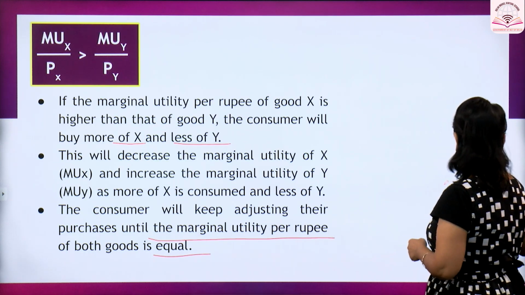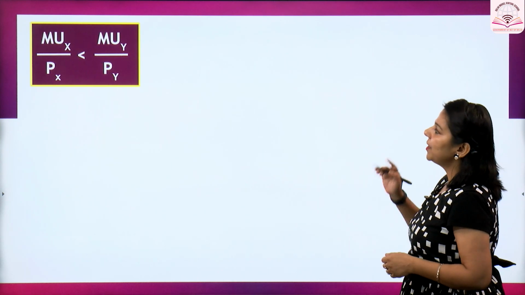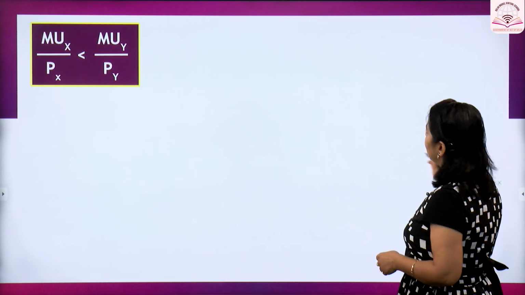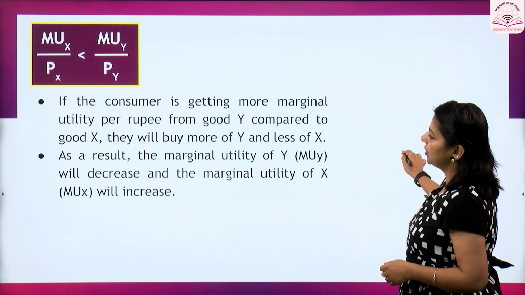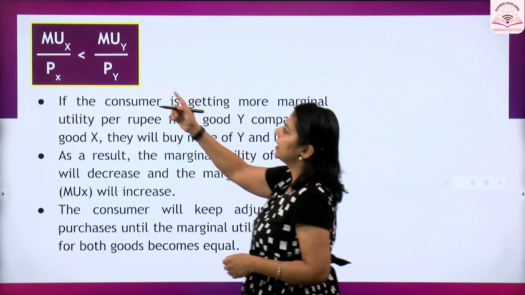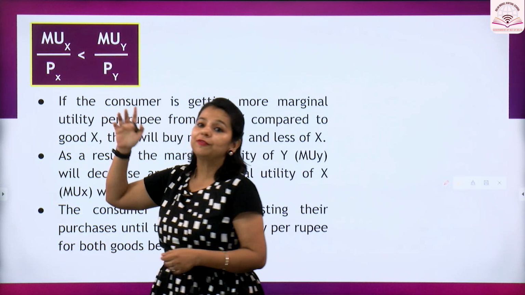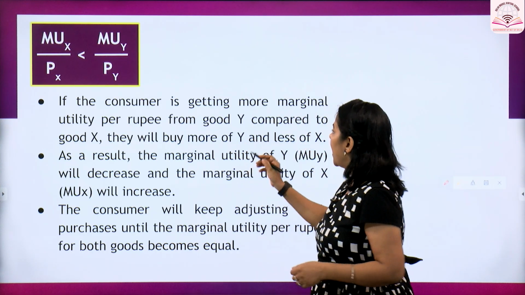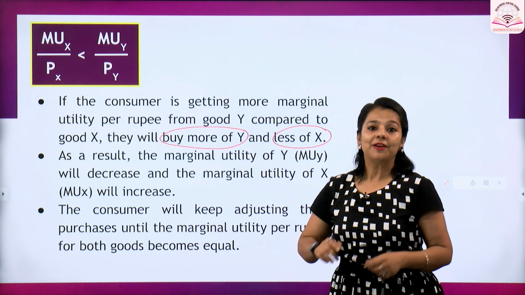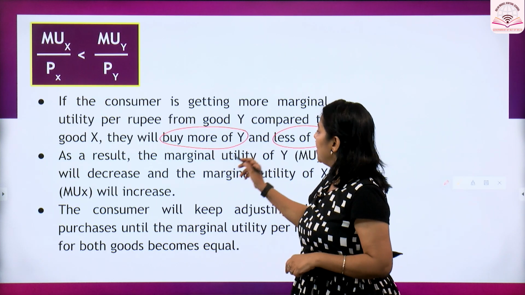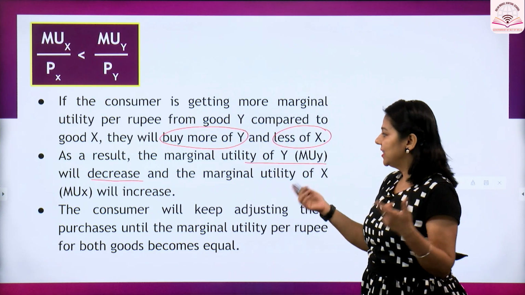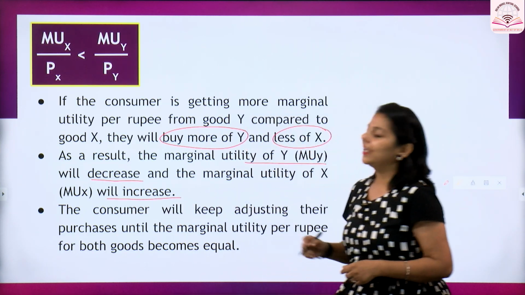Now let's see what happens when per rupee marginal utility of good X is less than the per rupee marginal utility of good Y. In this case, since he is getting more utility from Y, he will buy more of Y and less of X. When he buys more Y, marginal utility of Y will decrease and that of X will increase.